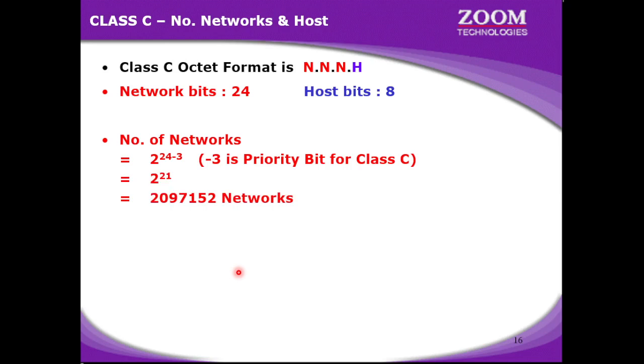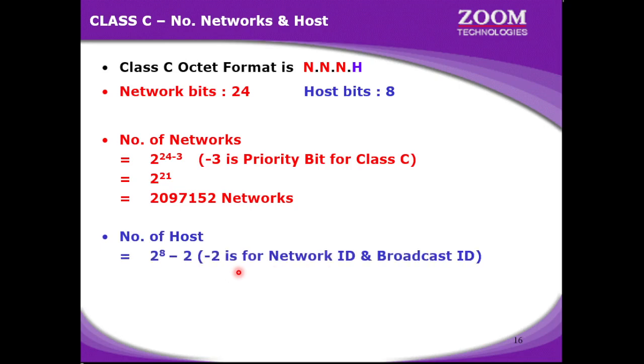Okay? Possible combination. Yung dami ng host per network, so 2 raised to 8 minus 2, kasi minus 2 is for network and broadcast ID. So it's 256 minus 2. So yung dami ng computer na pwedeng makakonect for class C is only 254.